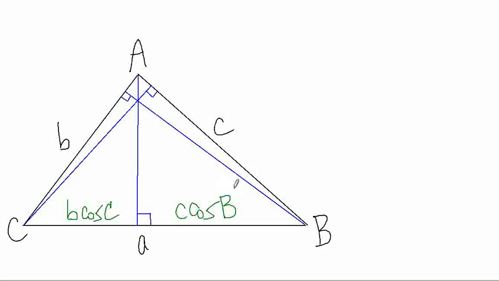Okay? Likewise, if you work out what the cosine of the measure of angle B is, that ratio involves the hypotenuse of length c. If you use that ratio, you'll see that the other piece of the bottom length is c cosine B.